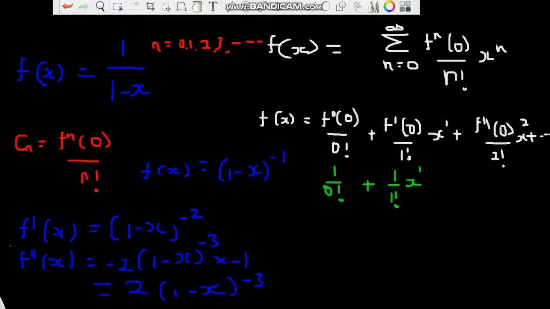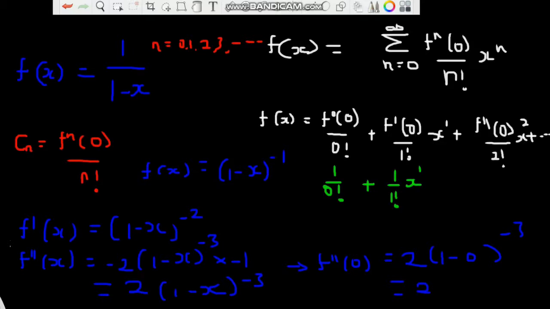So now let's fix in our value 0. The second derivative of the function at 0 will be equal to 2 into bracket 1 minus 0 to the power minus 3. This gives me 2.